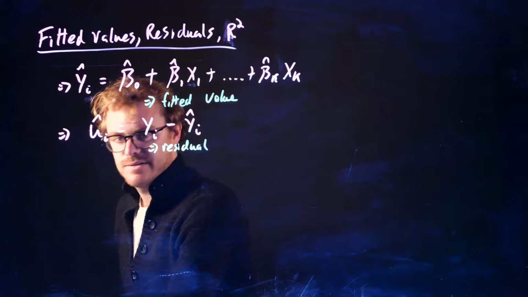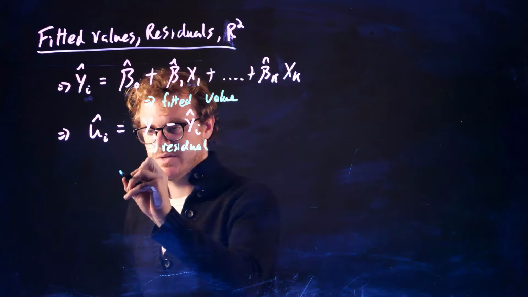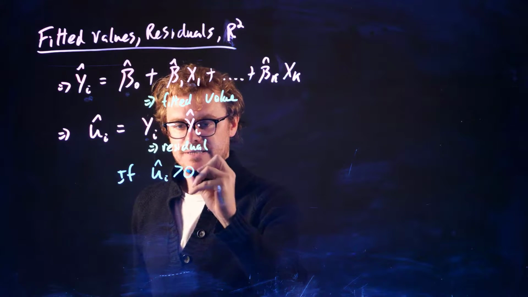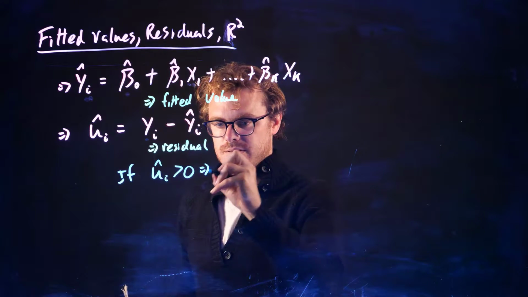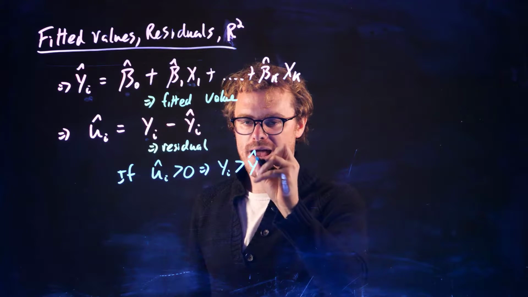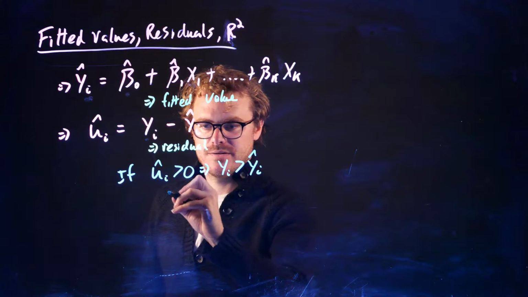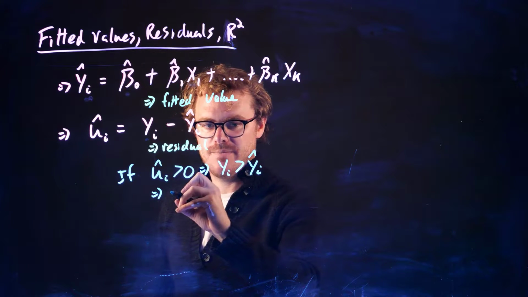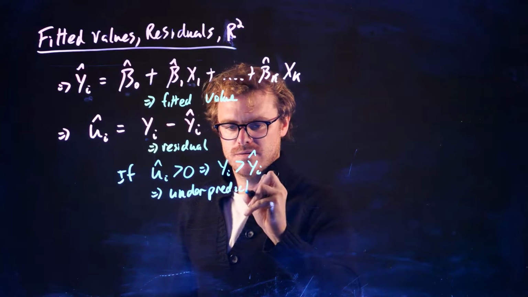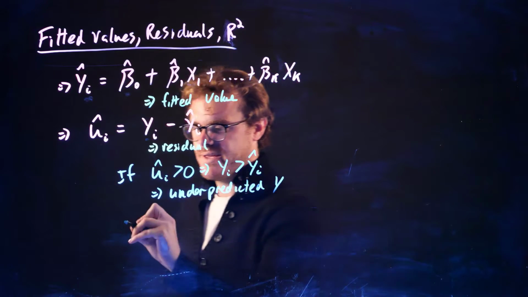And notice that, I'll write this out in blue, if u hat i is greater than 0, that means y i is greater than y hat i, which means we've underpredicted y.